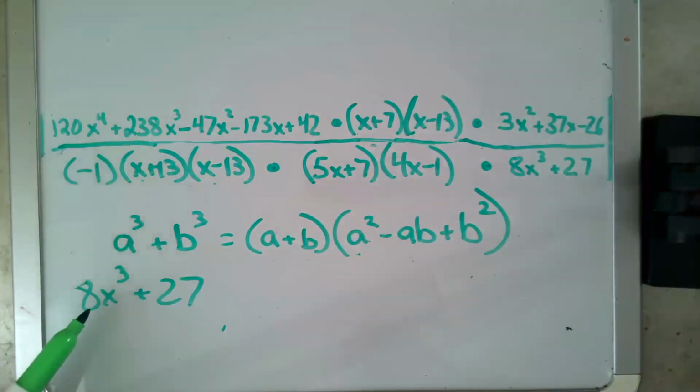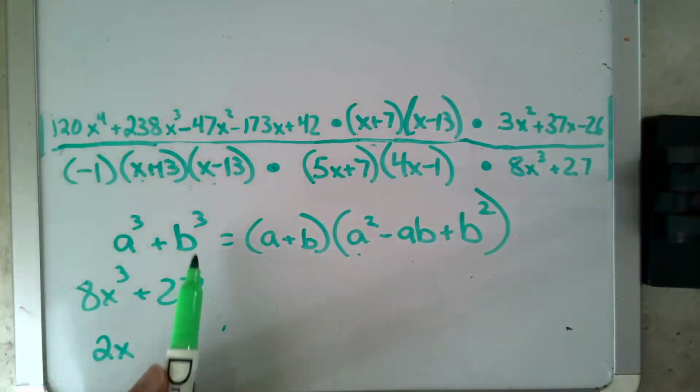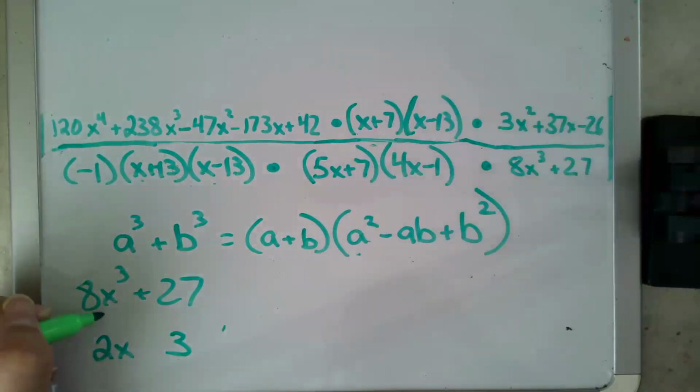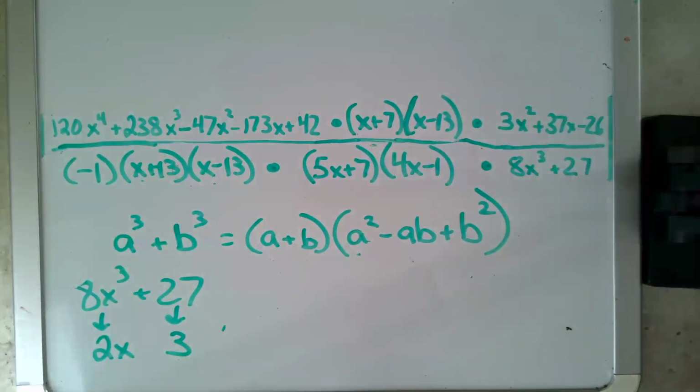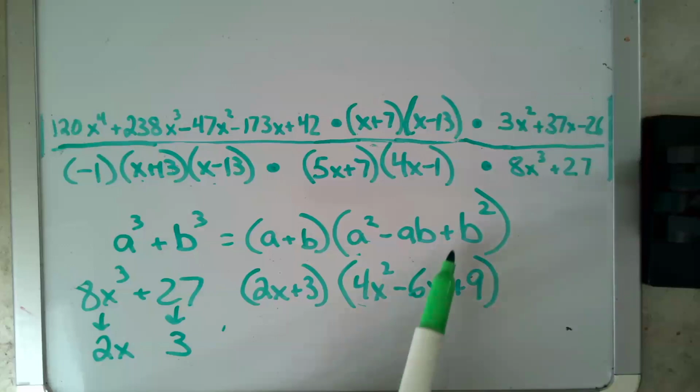So if I have 8x cubed plus 27, that means my a is the cube root of 8x cubed, or just 2x, and my b is the cube root of 27, which is just 3. So now I plug it into my formula here, and that factors into 2x plus 3 times 4x squared minus 6x plus 9. So I can substitute that in right there.